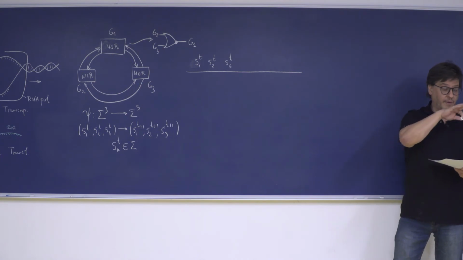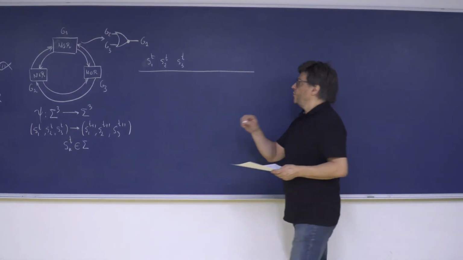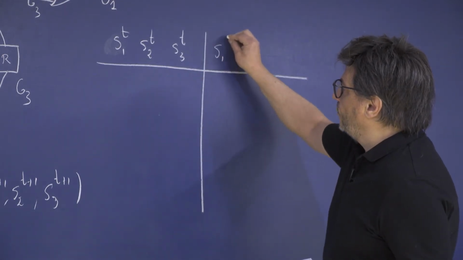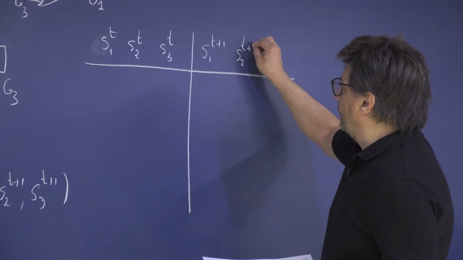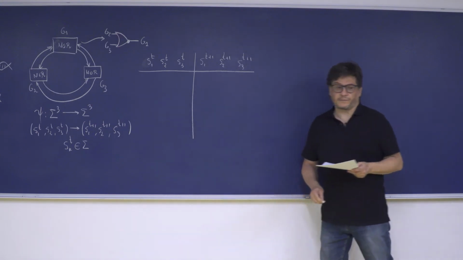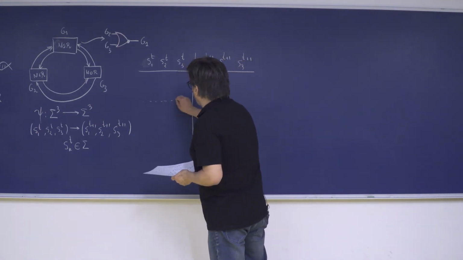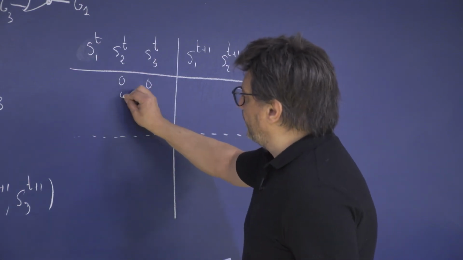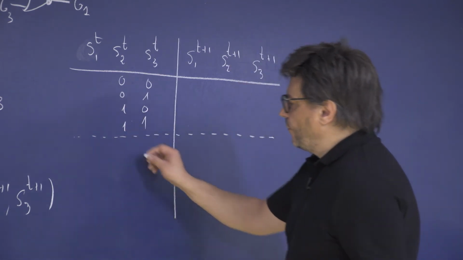Because I need to map each 3 states into my new 3 states, okay? We'll do this example, and you'll see that this is, again, really straightforward, right? There's not much magic here. The magic comes from something else. So again, I write down my table.